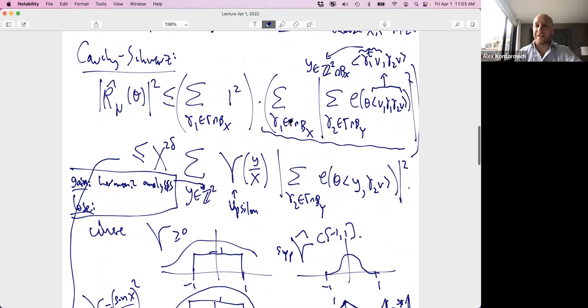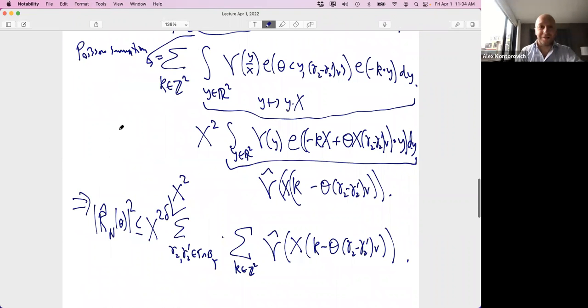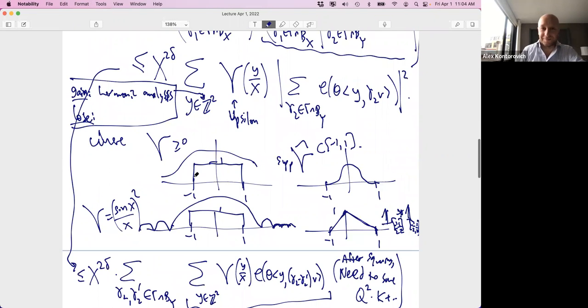But how many points were there in this sum? Like x to the 2 delta. Yes. And how many points are there in this sum? x squared. So we lose an x squared versus an x to the 2 delta.